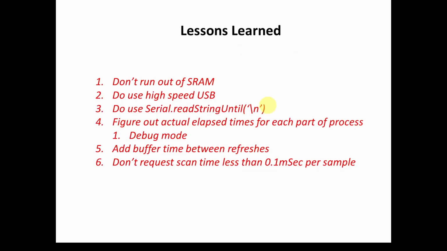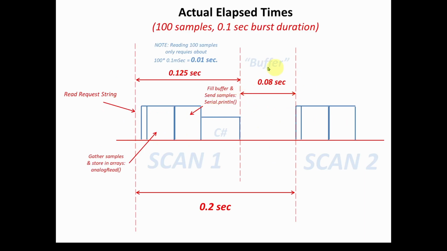So what lessons have we learned? First of all, don't run out of SRAM on the Arduino. Do use the high-speed USB that we showed in the second video. Do use serial.readStringUntil to make sure that your serial read doesn't sit there for a second doing nothing. Also, figure out the actual elapsed time for each part of the process. Again, very important, so you can get your buffer time and understand what's going on so you don't have any unknown crashes.